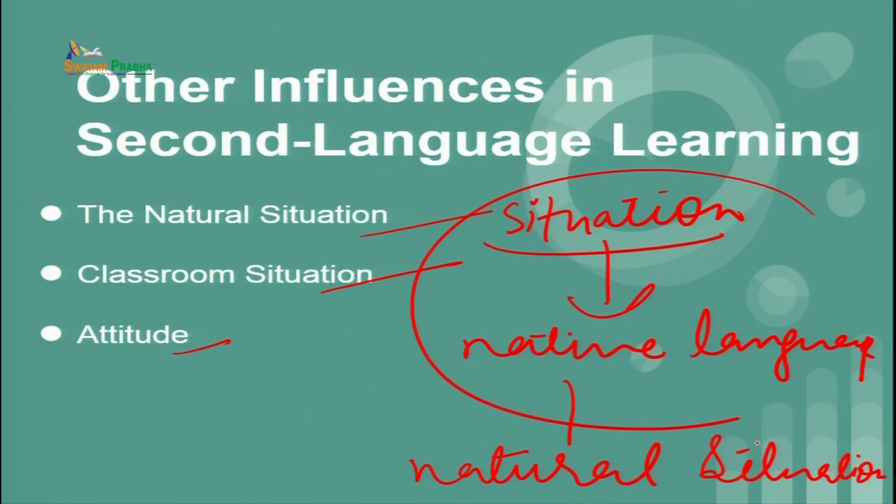So, it simply refers to the idea that if a young learner is given a situation where he or she is supposed to use the language, then the learning takes place in an easier and efficient way.